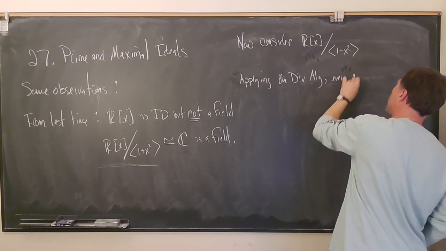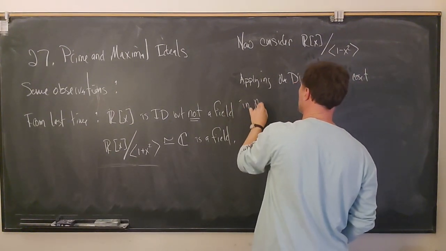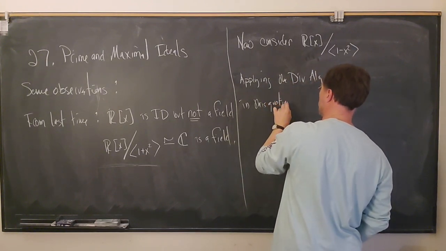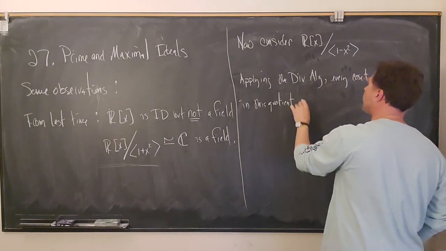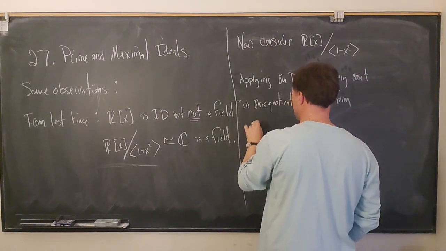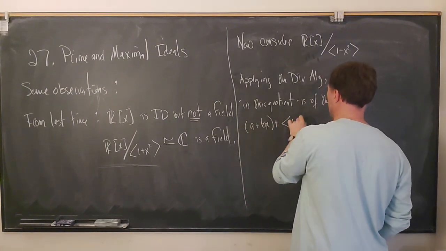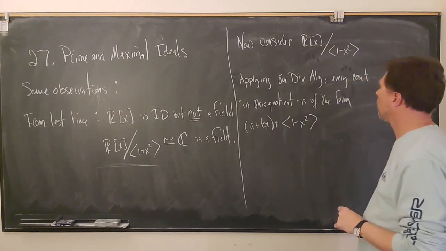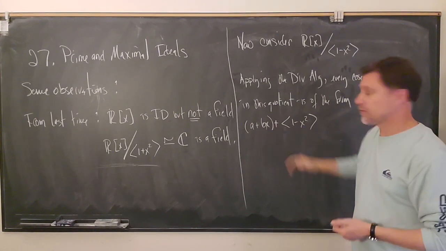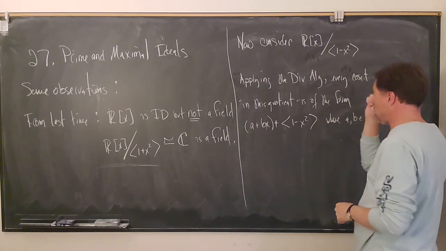every coset in this quotient is equal to a coset of the form a plus bx plus the ideal, where a and b are real numbers.